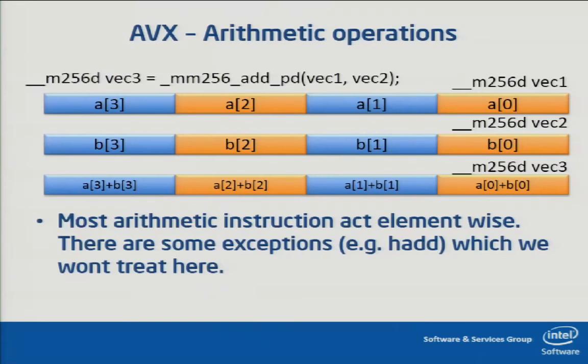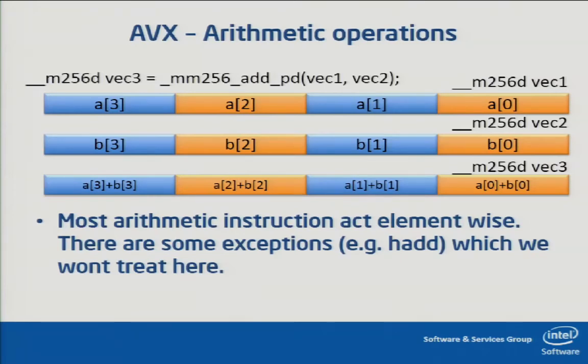Okay. Then we have 4 elements of double from a given field, and we have it in a vector. What do we do? Well, the most trivial thing we can do is arithmetic operations. And all of the arithmetic operations, well, most of them, will act on the elements of these vectors element by element, element-wise.